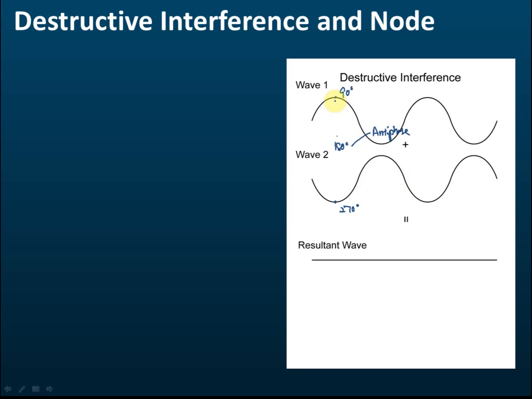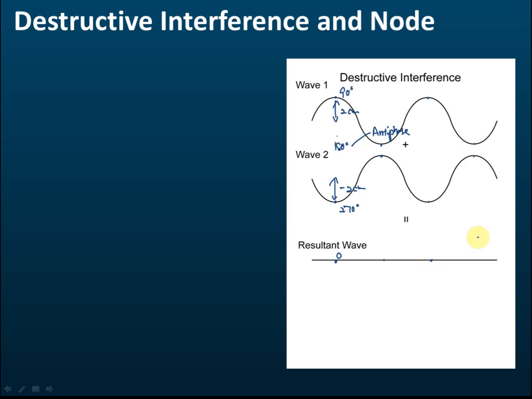Let's say the amplitude of wave 1 is 2 cm and wave 2 will be negative 2 cm. If these two waves superpose with each other, the amplitude of the resultant wave will be 0. 2 plus negative 2, we get 0. And the same thing occurs at any other points. So here the amplitude is 0. And if this point superposes with this point, the amplitude is still 0.